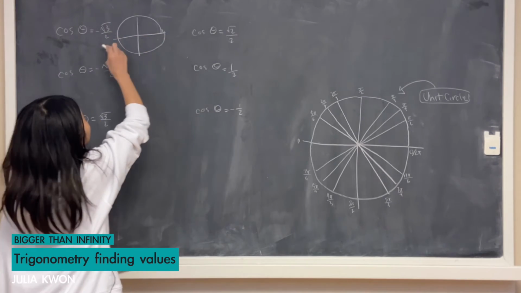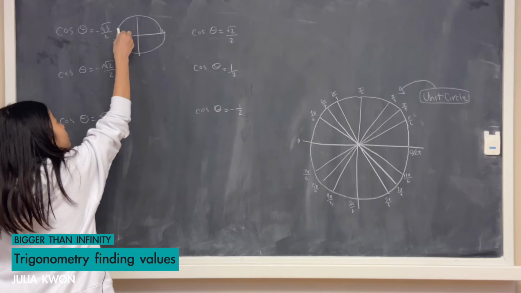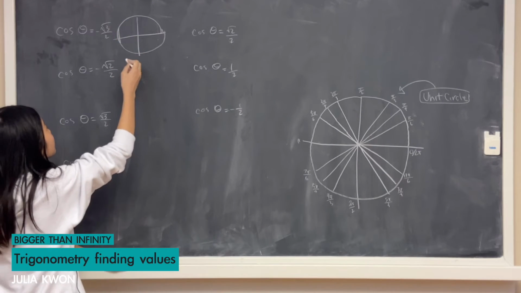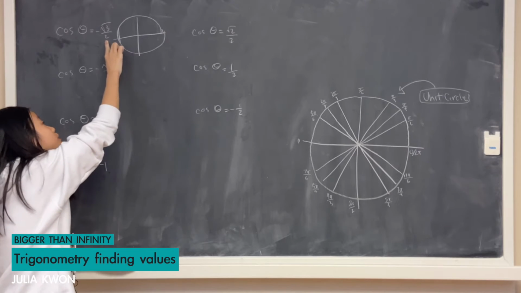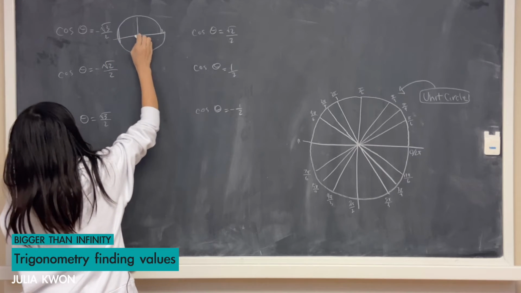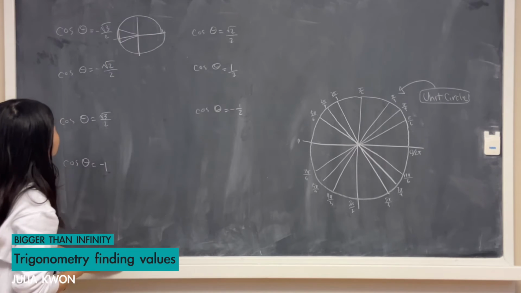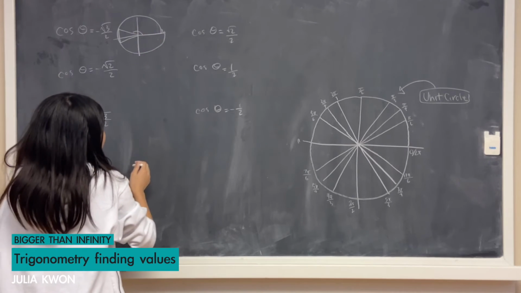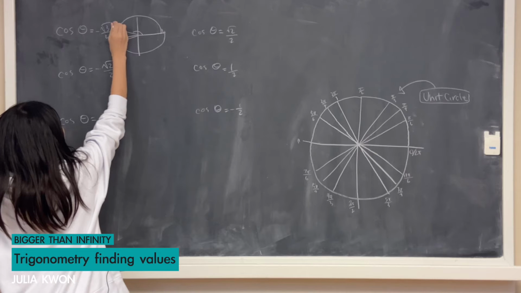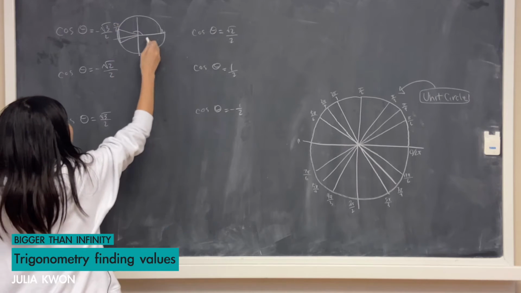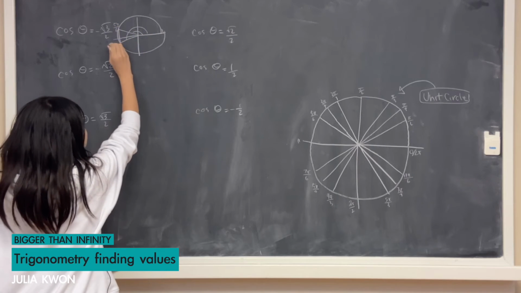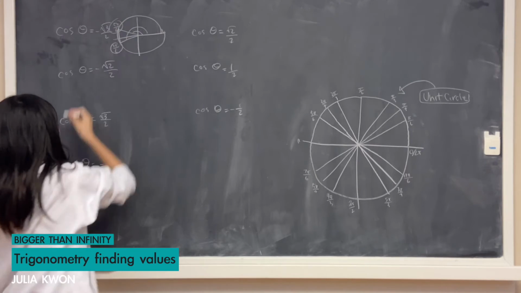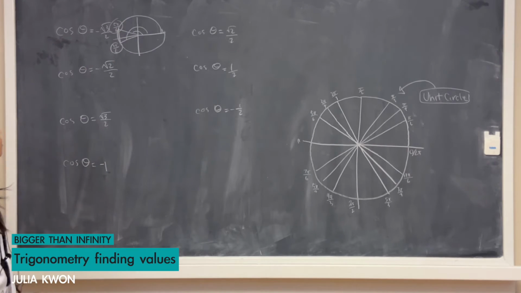So it's negative, so it would be here, really close to negative 1, since this is negative 0.866. And this radian here is 5pi over 6, and this radian here is 7pi over 6. So these two are the radians for this theta in this equation.